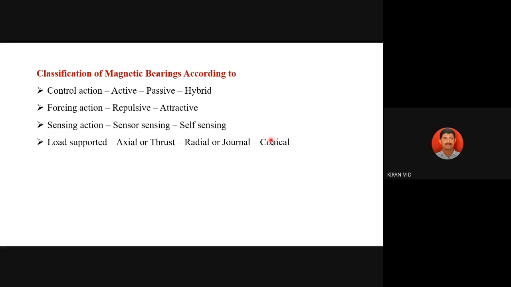Conical magnetic bearings are used to support both radial and axial loads, and we consider them as angular contact bearings. Then another classification is the magnetic effect. Based on the magnetic effect, we classify into electromagnetic and electrodynamic.